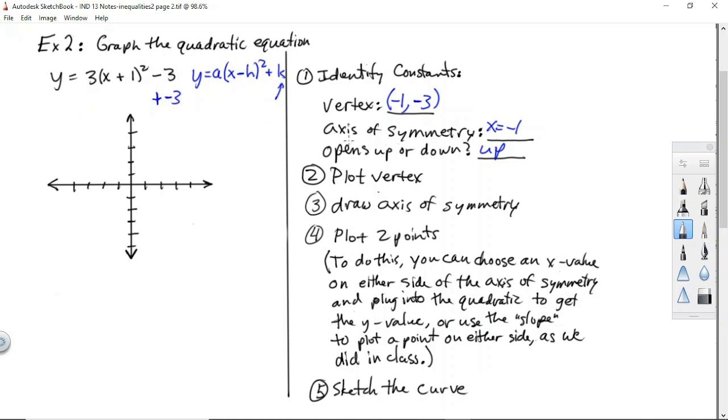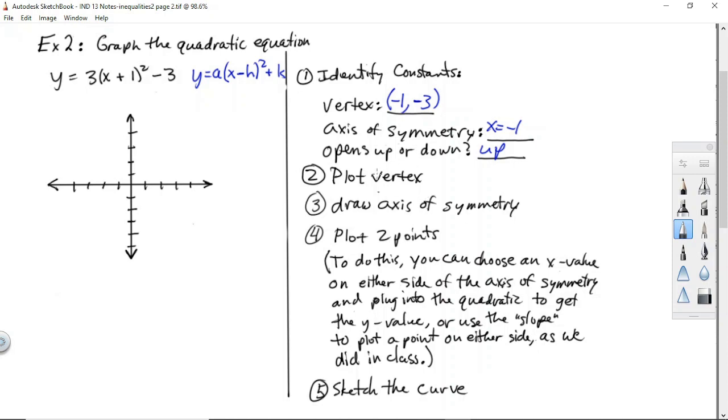Now we plot 2 points, and that's the end. This time I think we'll just do it the easy way using a. The a is the slope.